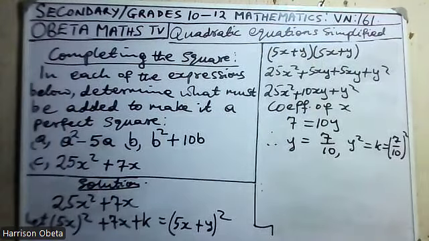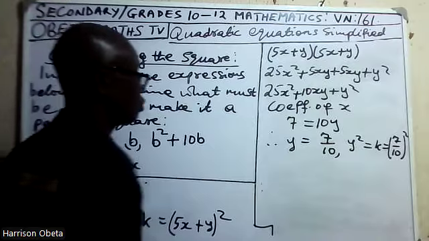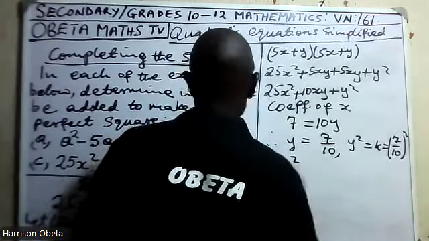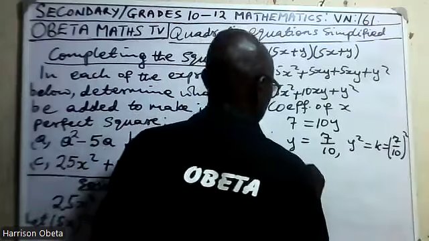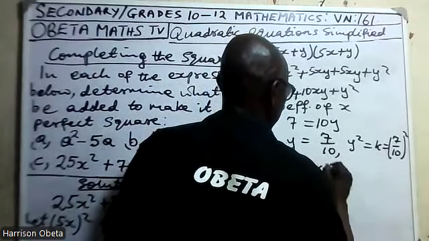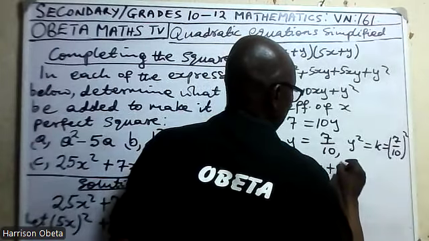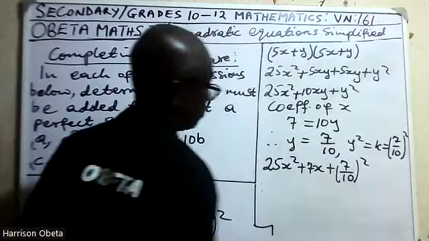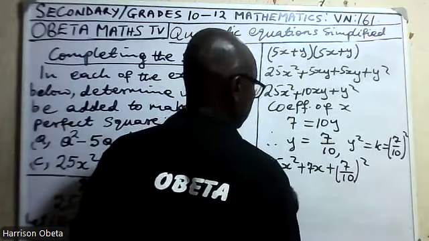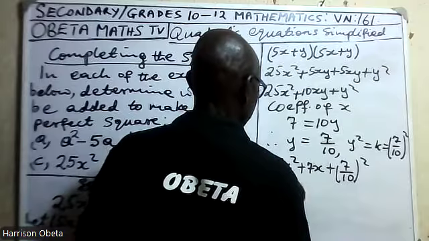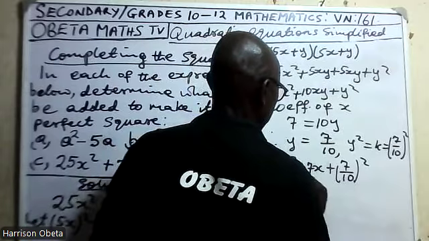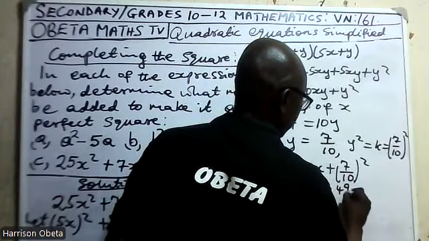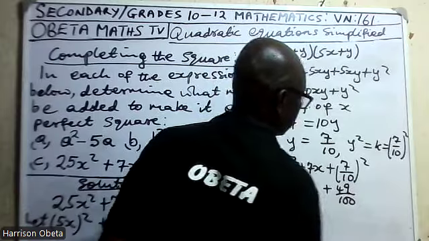So it then means that, going back, we are talking of 25x squared plus 7x plus 7 over 10 squared. And that will give us 25x squared plus 7x plus 49 all over 100.